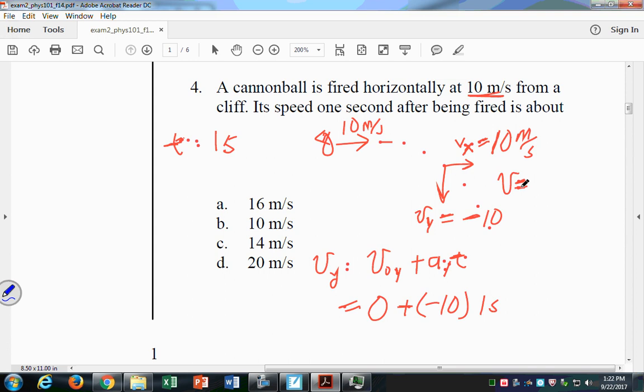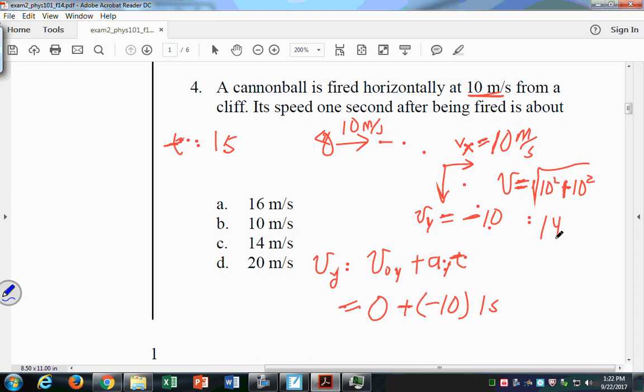So would it be 20? That is an option. It's not 20, because when you're adding vectors, you don't just add the numbers. But you're right, it is Vx plus Vy, but it's the vector sum. And so in order to do that, I would say the square root of 10 squared plus 10 squared. That's how we add the x and y components of vectors, and that's equal to 14.